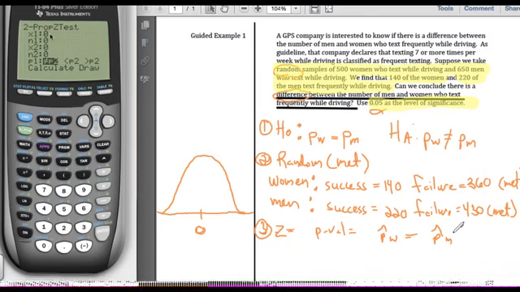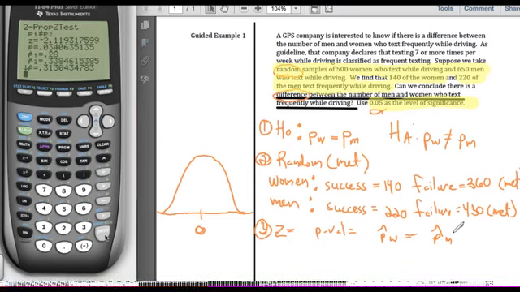For my first group, the women's group, I had 140 who text frequently while driving out of 500, my sample size, my N. For the men, for my second group, it would be 220 for the X, and it would be 650 for the N. And the symbol I need is already selected. It's a not equal to, because it didn't say one was greater than or less than the other, just specify that there was a difference.